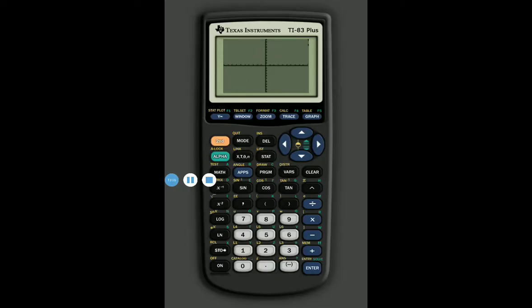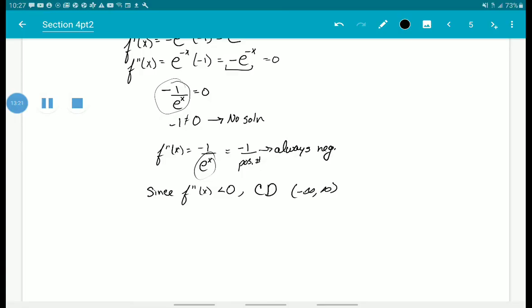So we can confirm that just by looking at this in the calculator. If we were to graph this one, there's our function, negative e to the negative x, and you can see how it's always going to be concave down, which verifies what we just found algebraically. So since this is always concave down, there's no change in concavity right there, okay?